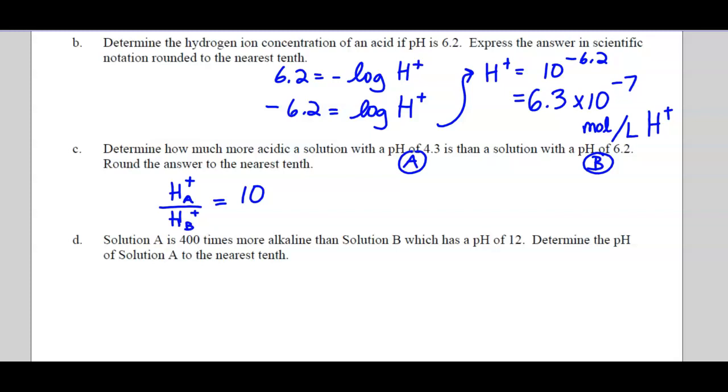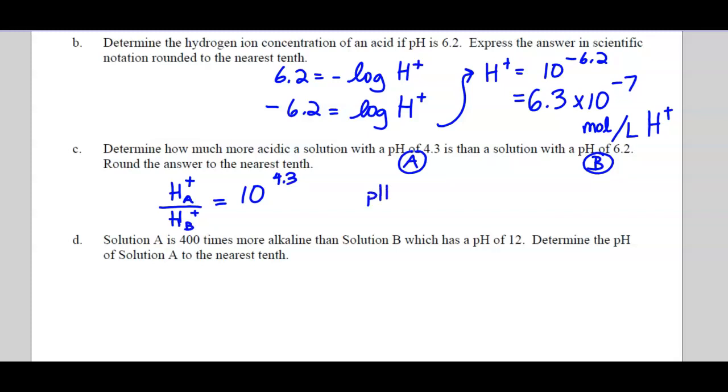So, I'm calling this the hydrogen ions of solution A. Let me call it that. And this will be for solution B. Got it? Now, am I going to put 4.3 up here for A as my first one?